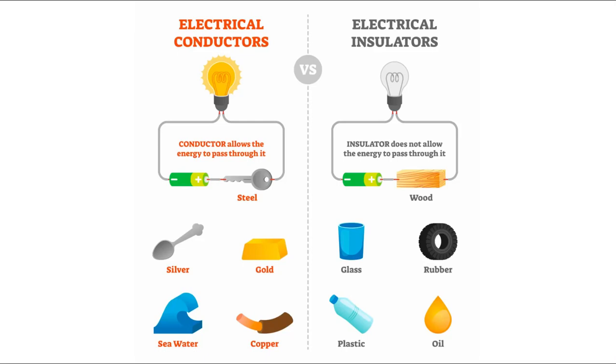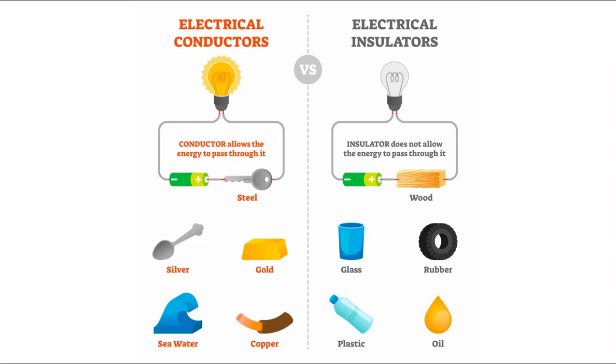Now, as I just said, conductors allow the electrons to pass through. Examples of good conductors are things like metals. So silver, gold, copper. Seawater is also a really, really great conductor.